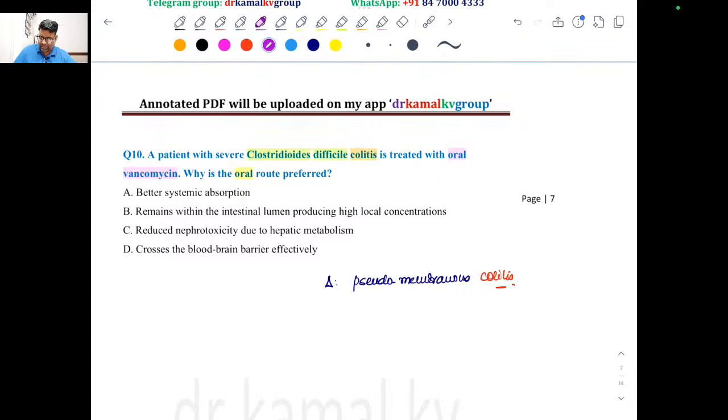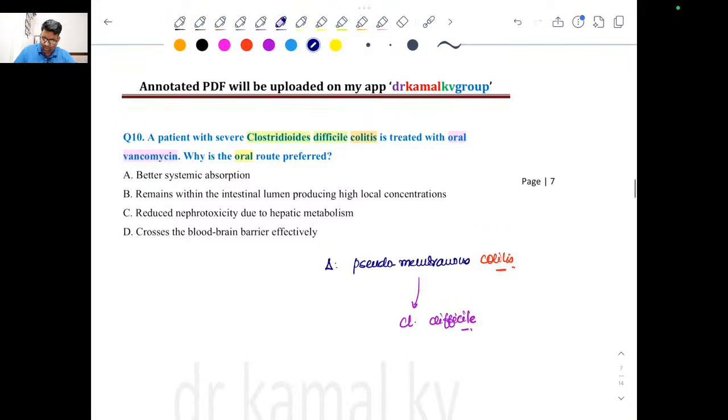Clear? So this is a classical case of pseudomembranous colitis, and it is caused by Clostridium difficile. And now what we need to do, we need to give oral vancomycin.